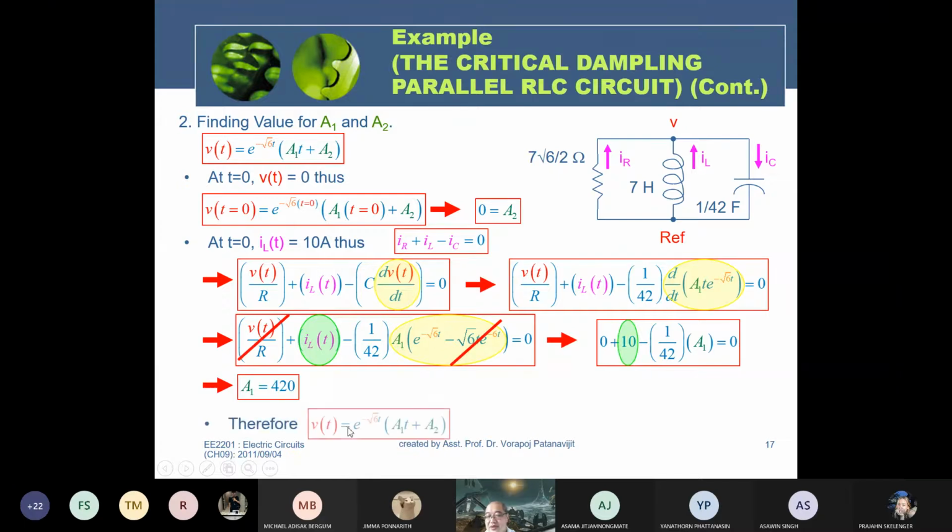Substitute them, and you get A1 equal to 420.